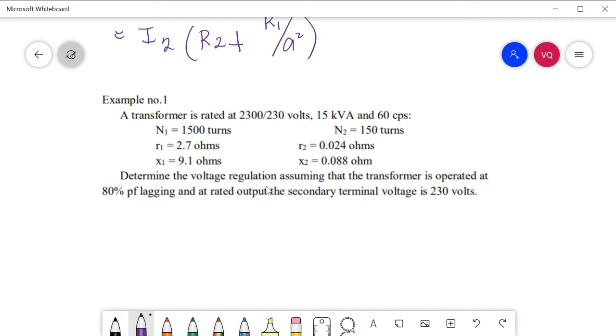Determine the voltage regulation, assuming that the transformer is operated at 80% power factor lagging at rated output. The secondary terminal voltage is 230 volts.